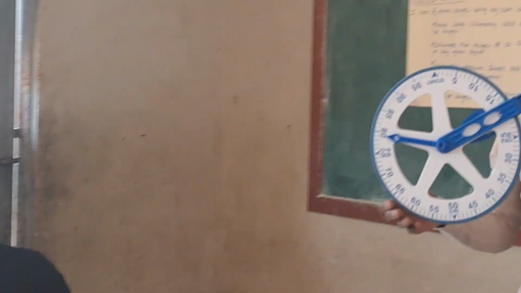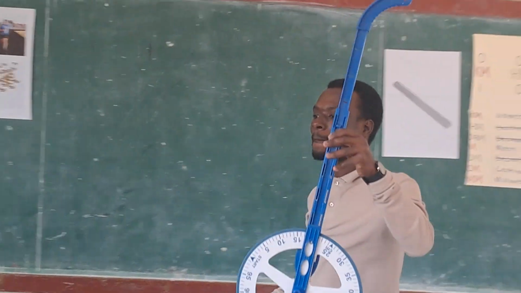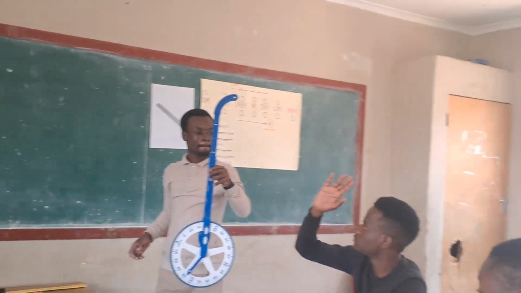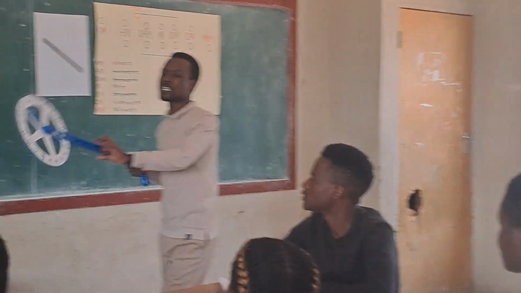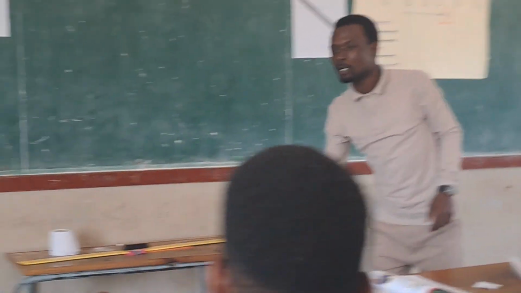I forgot the name. Call your friend to help you. Anyone to help? Trundle wheel. It's a trundle wheel, yes. What do we use the trundle wheel for? To measure the distance on the ground. Exactly. We use the trundle wheel to measure the distance on the ground.